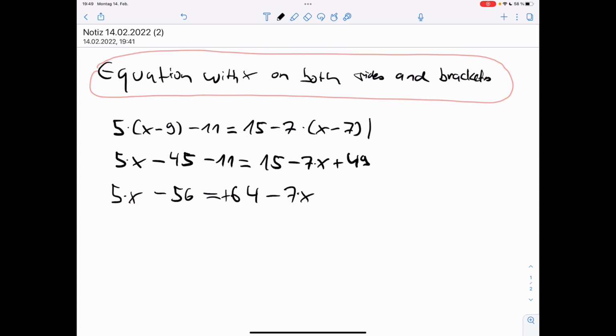So now we can put the numbers on one side. So we do plus 56 here, because here we want to have a 0.